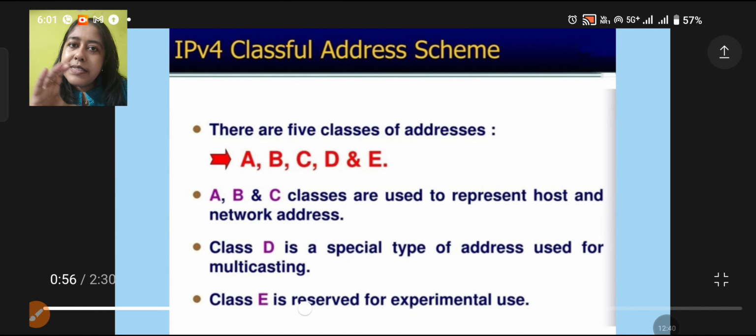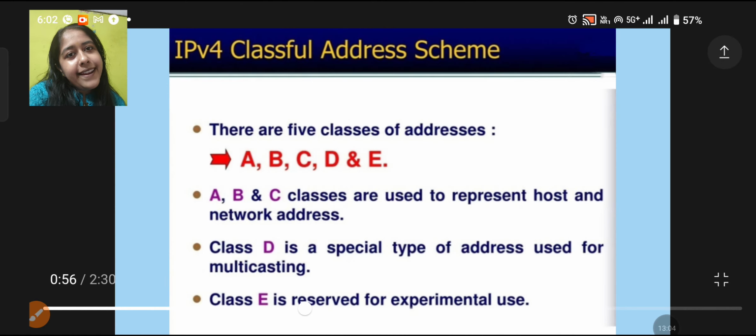The range we have seen was from 0 to 255. But after that, that particular range is also divided into these different classes, that is A, B, C, D, E, the 5 classes. Now A, B and C classes are used to represent host and network address.